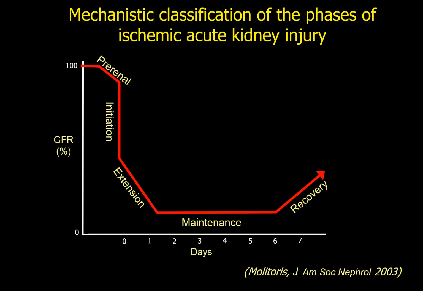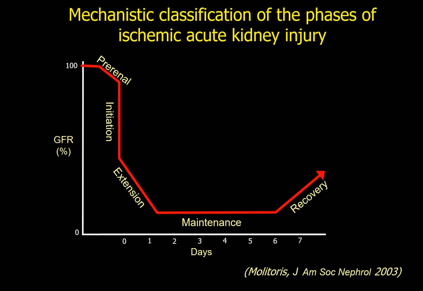The initiation phase is immediately followed by a phase that has recently been termed the extension phase. During the extension phase, multiple interrelated events lead to worsening of epithelial and endothelial cell injury and cell death, primarily in the corticomedullary region of the kidney.